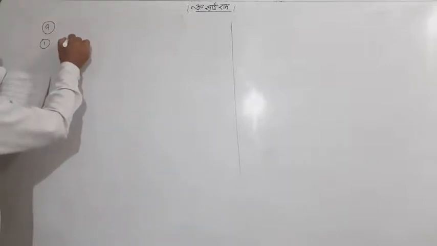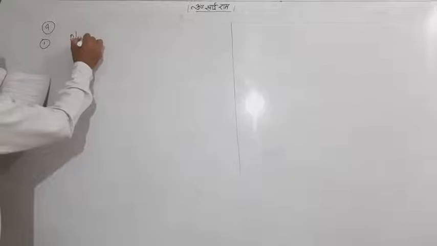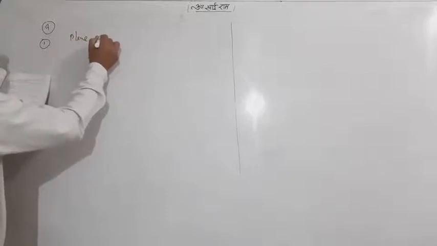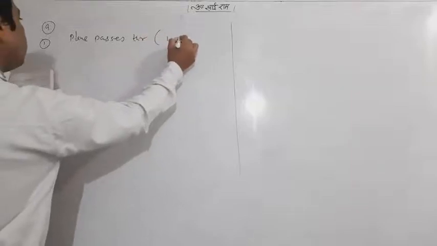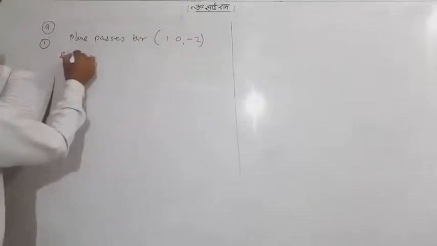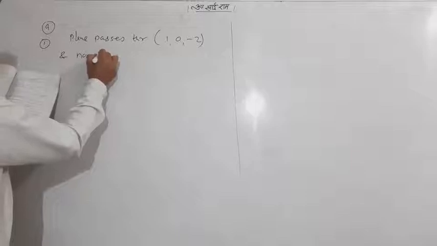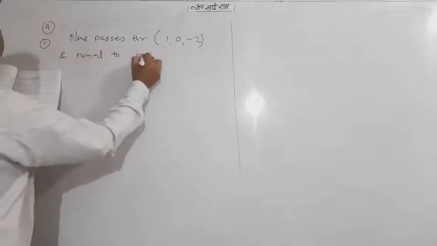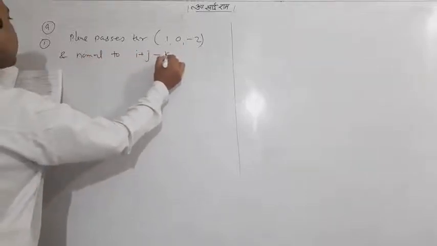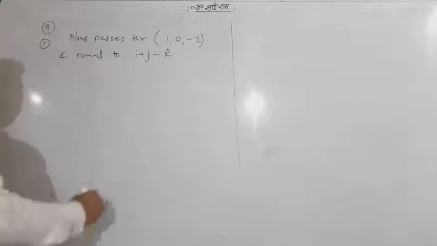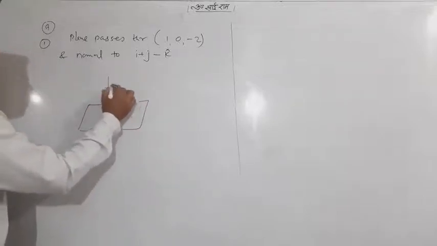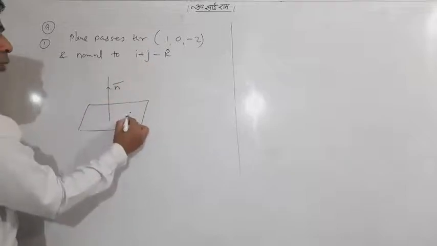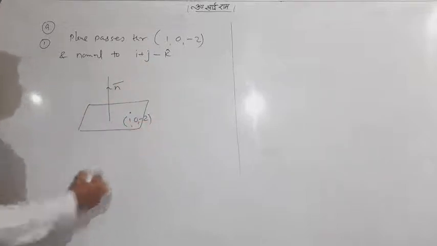Question says, a plane passes through the point 1, 0, minus 2 and is normal to i plus j minus k. So I can explain one thing: this is the plane where the normal vector n is given and it is passing through 1, 0, minus 2.